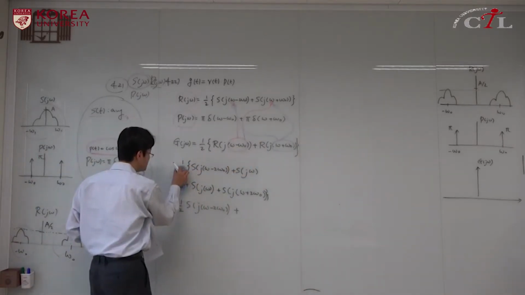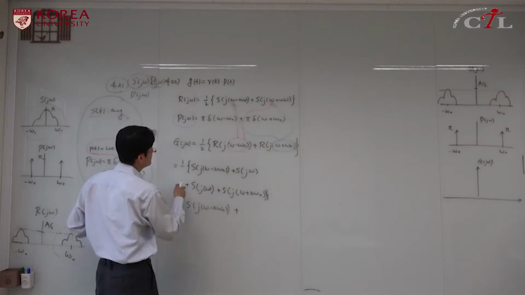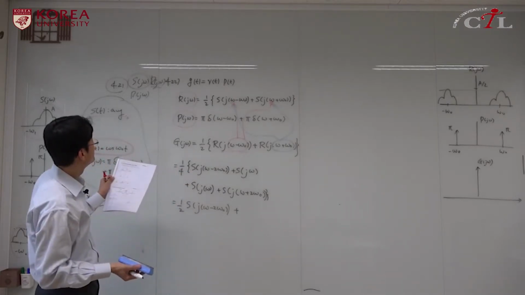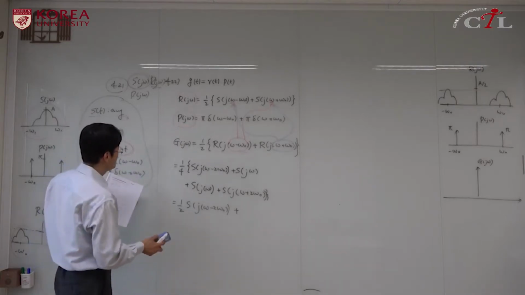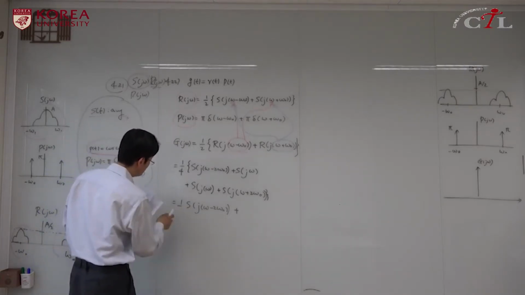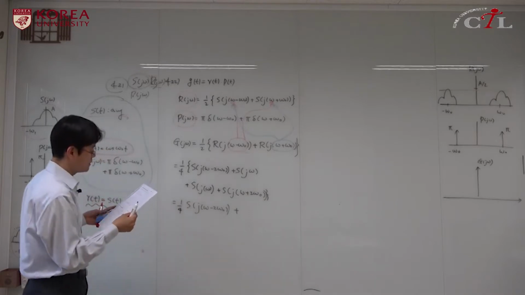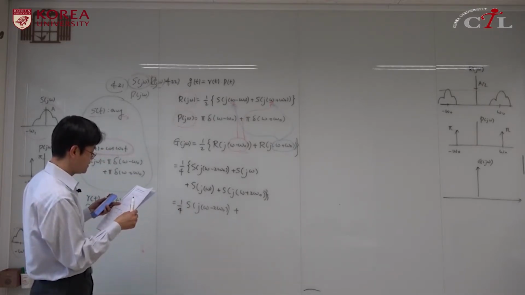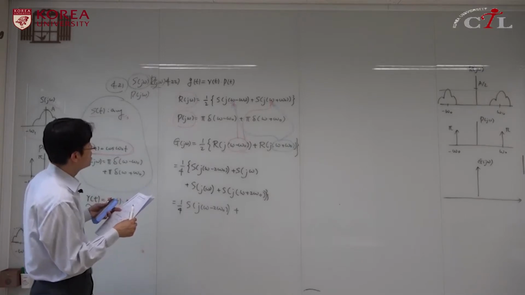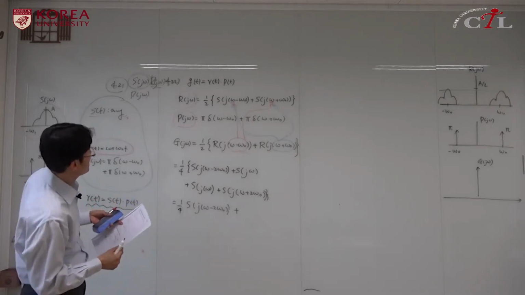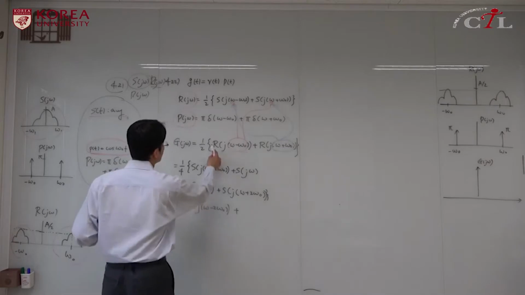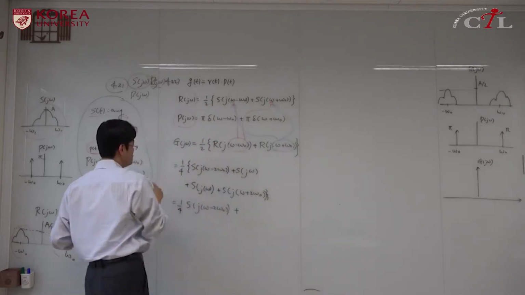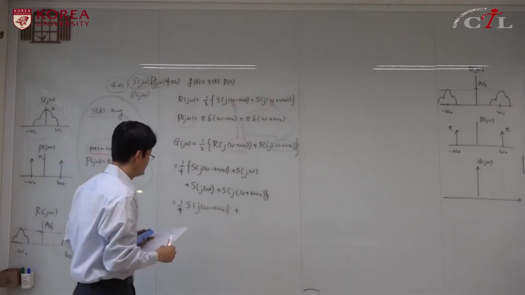You may check it one by one. Yeah, right. Should be 4 because R has a half factor. So that half factor is multiplied. So it should be 1 by 4. Okay.